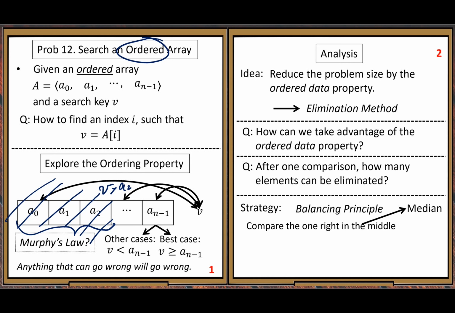But here in this class, still many students ask me, what's the exact meaning of the median element? Let me answer this another time. When we talk about the median of an array, we imagine that array already sorted in ascending order. Then the element in the middle is the median.